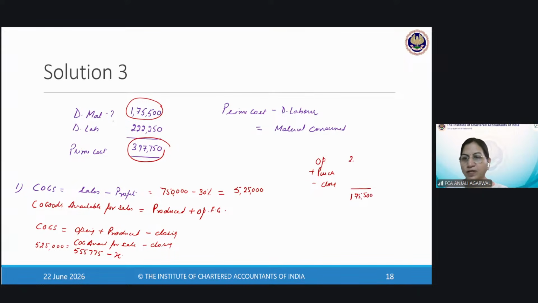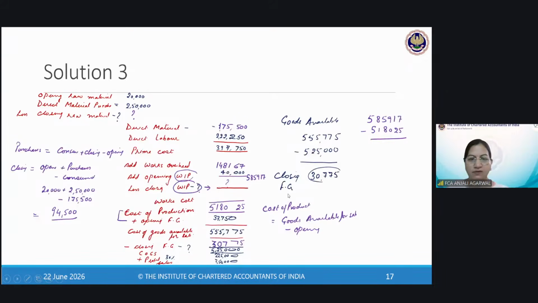So opening was 20,000, purchased was 2,50,000. So this gave us very easily the closing raw material, right? 94,500. So in this whole question, 5,55,775 gives us the closing finished goods.